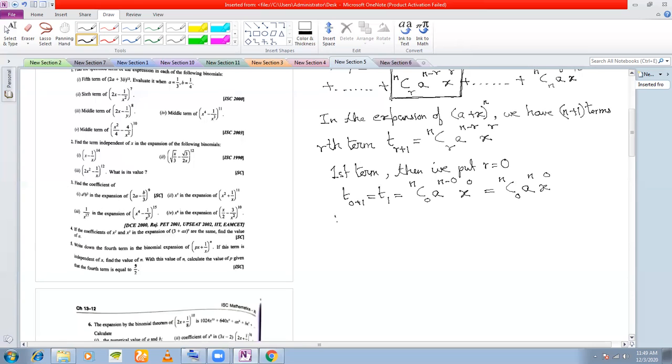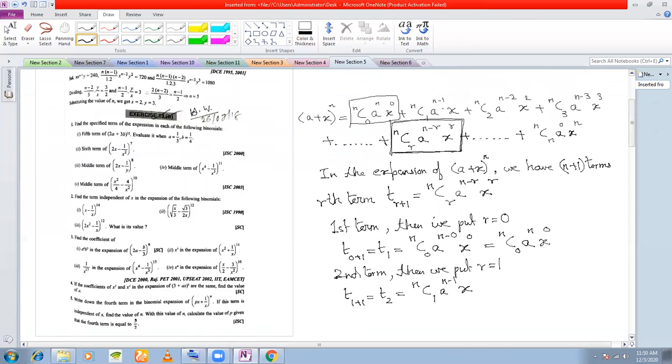If you want to find out the second term, then we put r = 1. So you get T(1+1) = T2 = nC1 a^(n-1) x^1. See, we are getting the second term now.